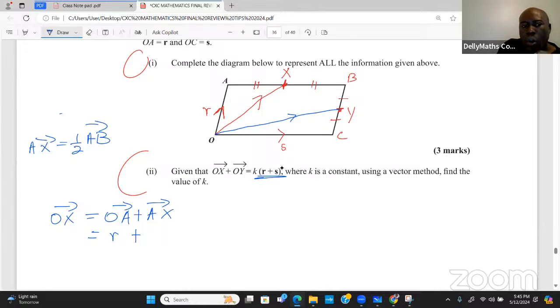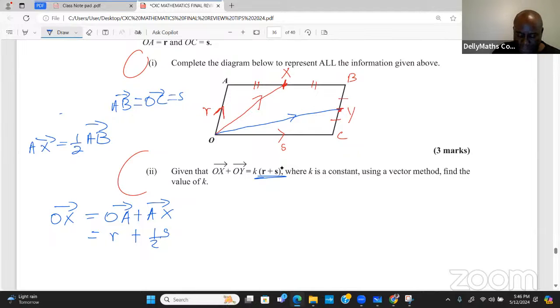So AX is actually a half S, because AB is equal to OC, which is equal to S, because they did say it's a parallelogram, so they are the same. So basically AX is a half of S. So we have R plus half S. We're good. So we have that part.